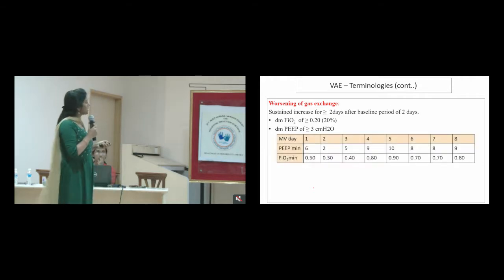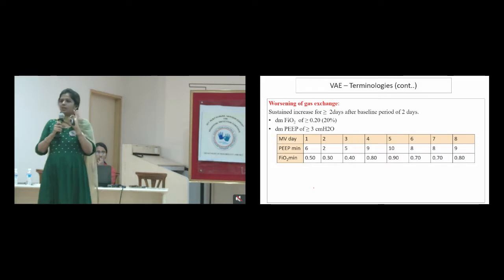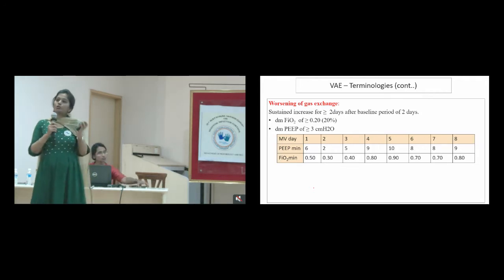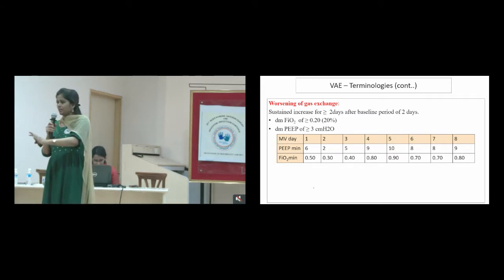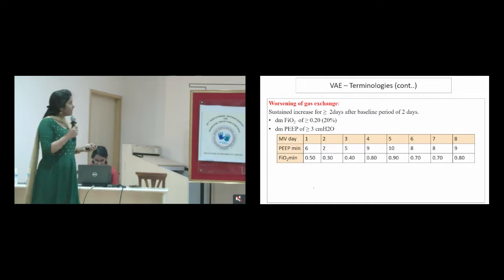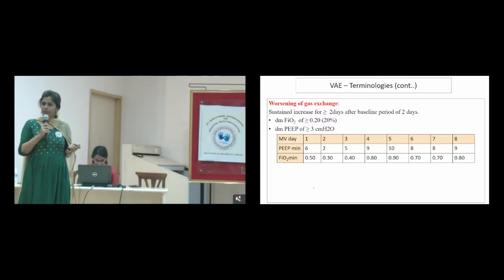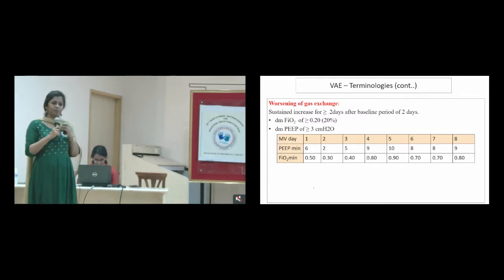So in this example, can you tell me where this criteria is fulfilled? I'll explain the first example. See, 6 and 2, there is a reduction, but there is no increase here. You should also have a consecutive increase, baseline followed by worsening of gas exchange. Whereas in this mechanical ventilation, day 2 the value is 2, day 3 the value is 5, followed by which the jump of PEEP is more than 3.